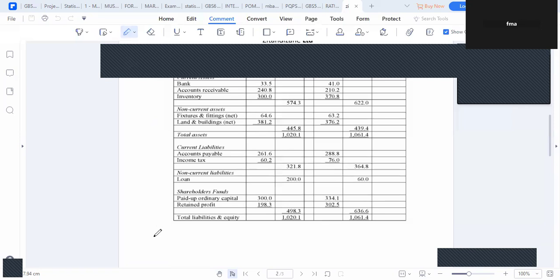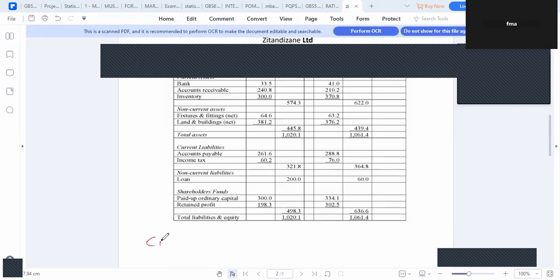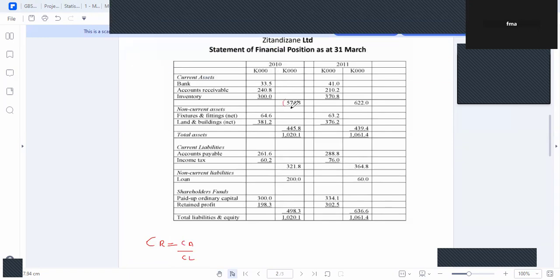So the current ratio is current assets over current liabilities. You need to do this for each of these years. We look at the total current assets here, over the total current liabilities. Where are the current liabilities? Current liabilities are here, and similarly over here.